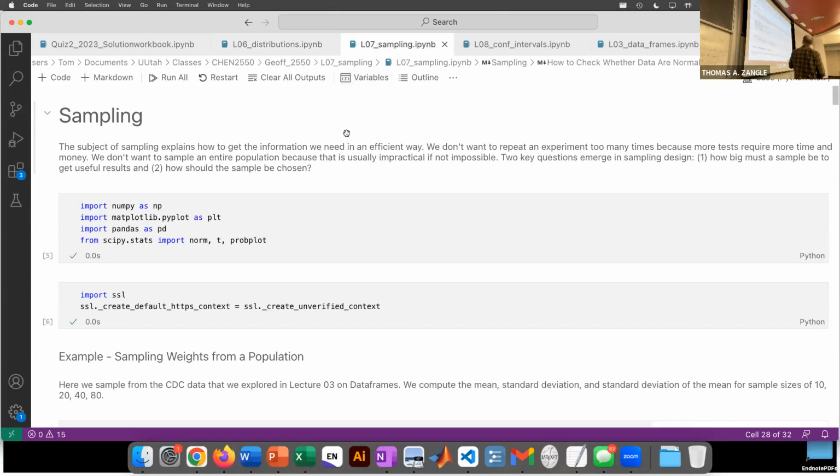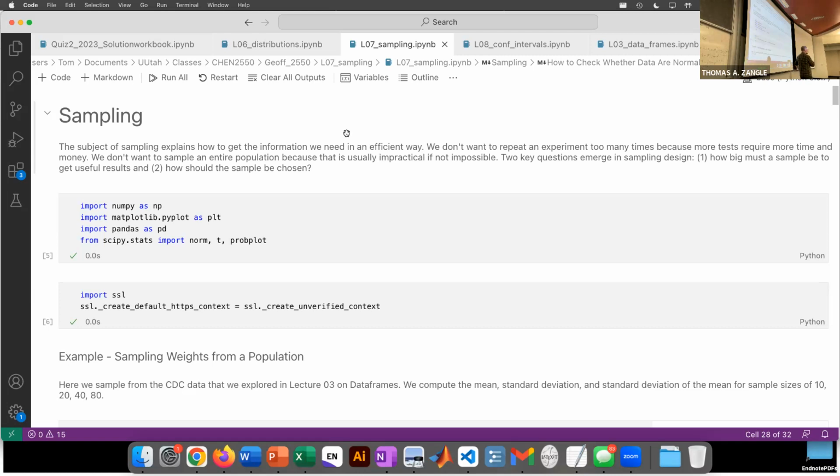Okay. So lecture 7 is about sampling. When we have some process that we want to know about, it can often be expensive or difficult to collect data. And so we're going to have to take a sample of the population and do our analysis on a sample of the population.